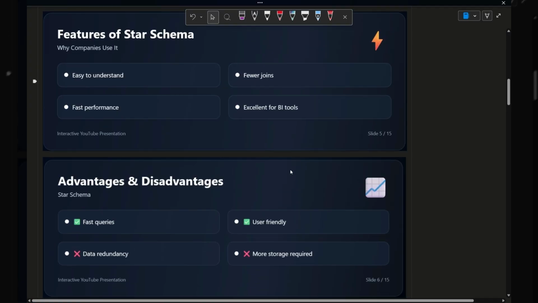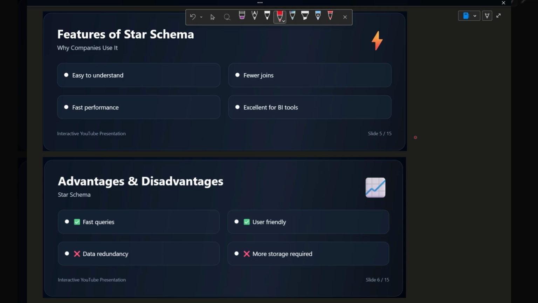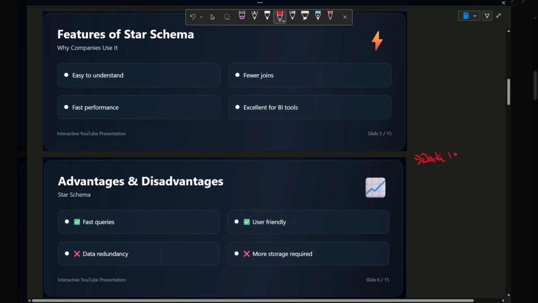As I said, the advantages are that it helps us in fast querying, and it is user friendly and easy to understand the schema. But the problem here is, in the star schema, there is data redundancy and data duplication.